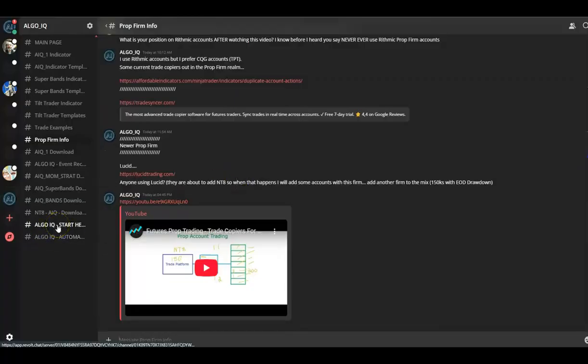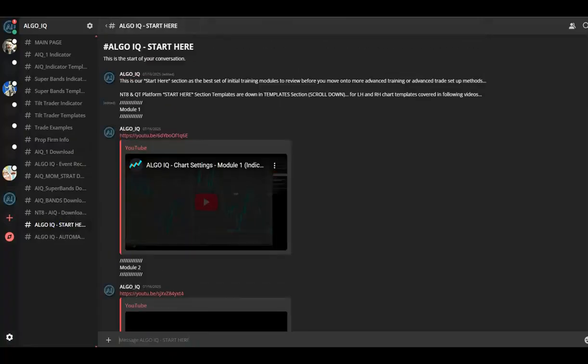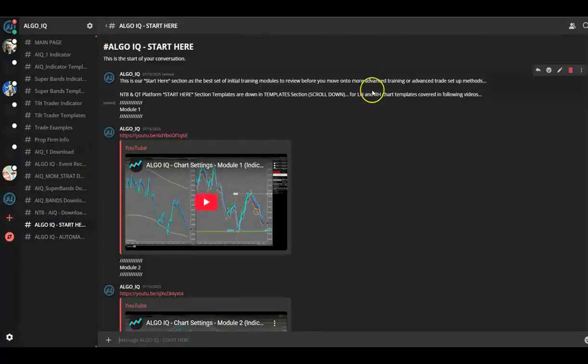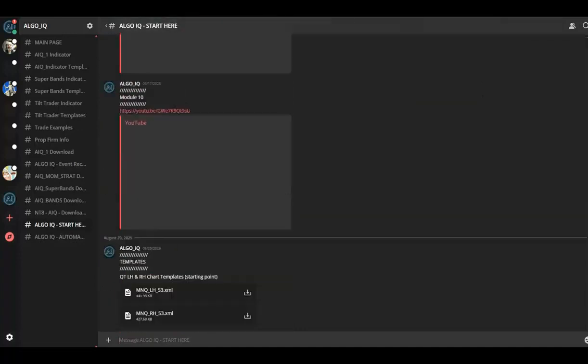But when you join the program, I right away set you up with community access where you have access to our downloads room. And right away, we have a very formal and structured start here. So when you come in, you right away know what to do, how to set up your charts, what are the exact settings, how to set up your left-hand chart, your right-hand chart.